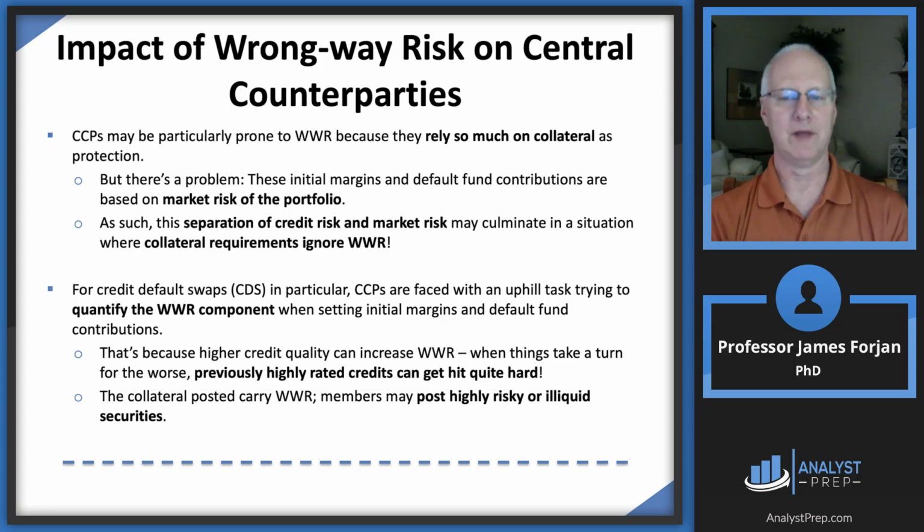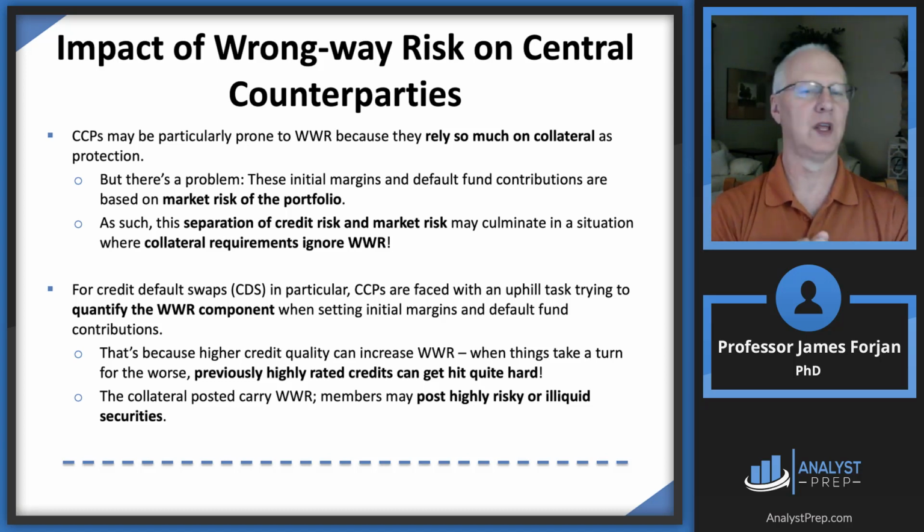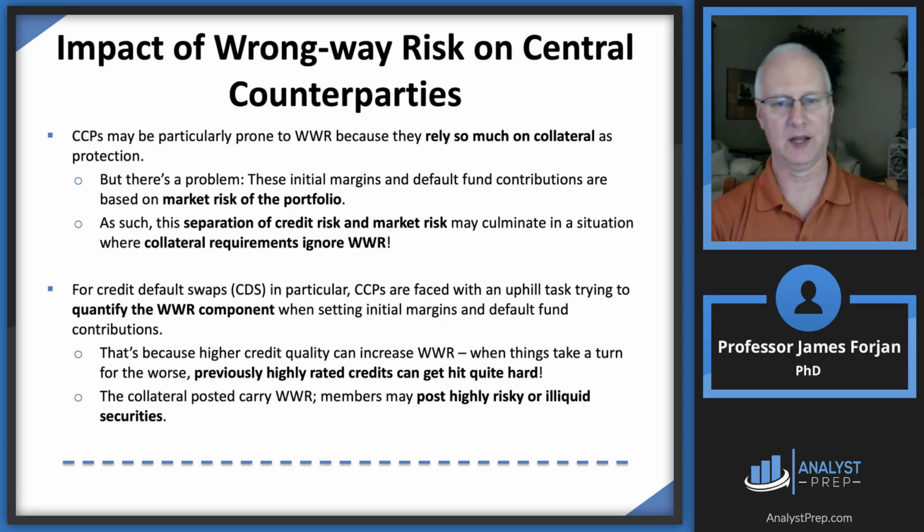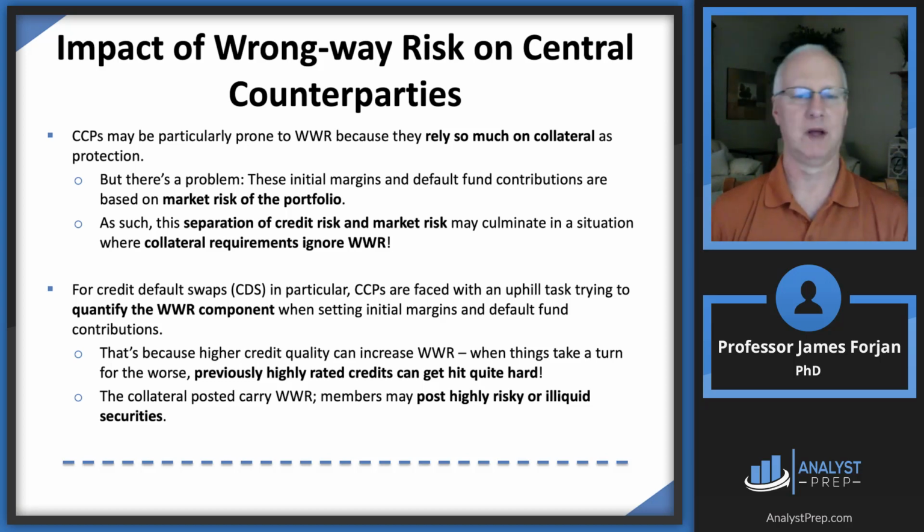So look what I have in bold there. Previously highly rated credits can get hit quite hard. Of course, we just have to go back to 2008 to see that, where we have all these mortgage-backed securities and collateralized mortgage obligations and all these other instruments that were tied to the mortgage industry that had AAA ratings when they probably should have had double C ratings or whatever.